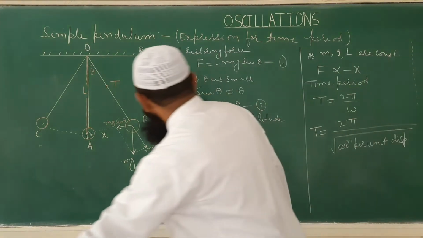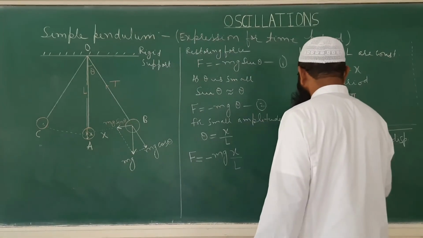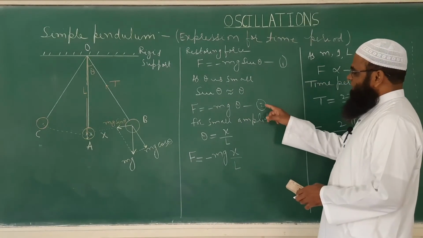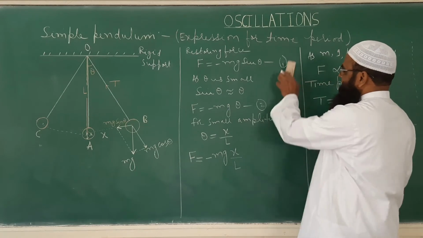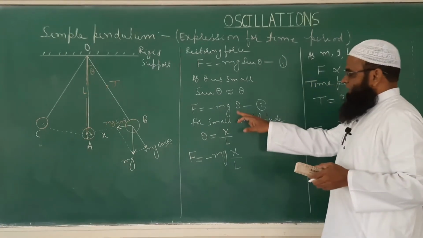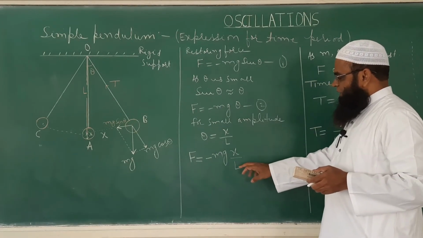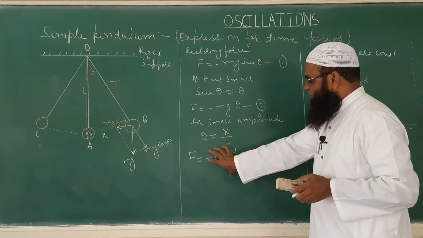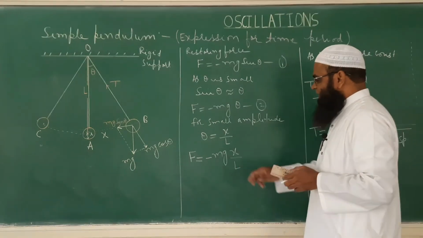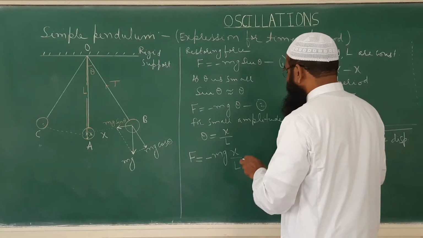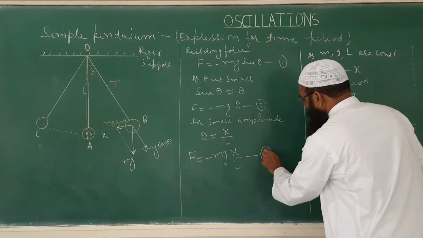Now we will use equation number 2 for finding the time period. As we know, equation number 2 is F is equal to minus mg theta, or theta is equal to x upon L. So by using this equation we can find the expression for time period. As F is equal to minus mg x upon L, I will give it equation number 3.